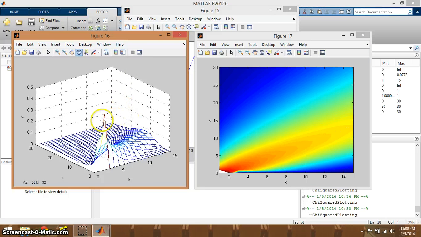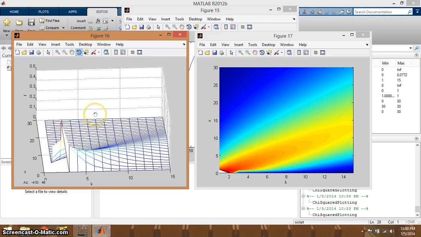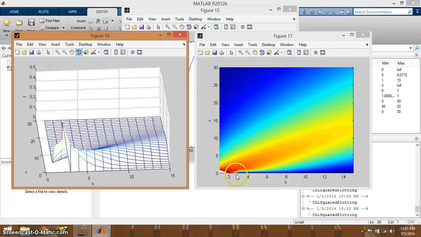So if I rotate this, on the lower left of the contour plot, it's red. That means the plot of the PDF takes on a very high value. And if we look at the plot on the left, the max values decrease along this 45-degree angled line.